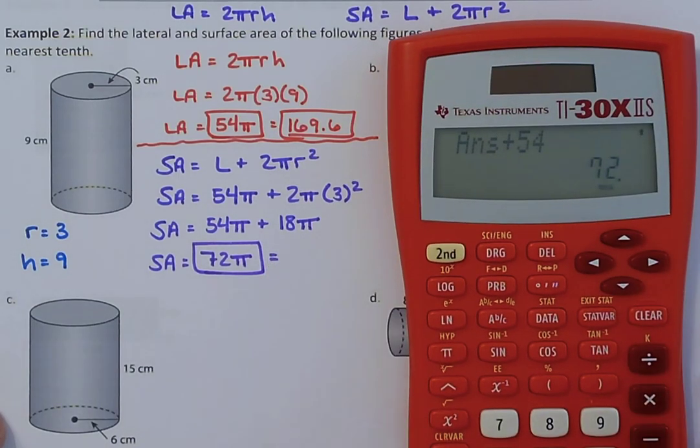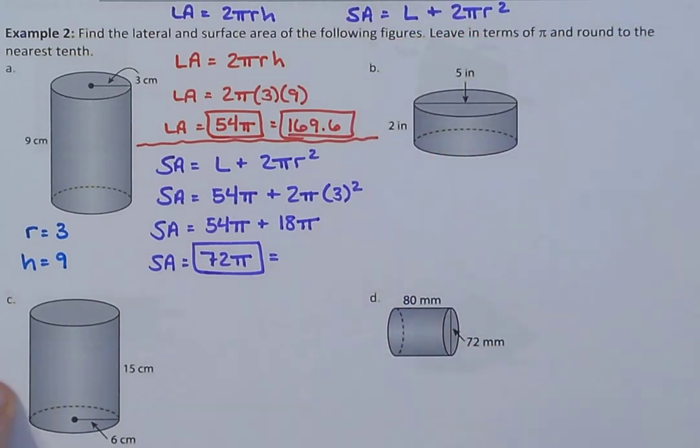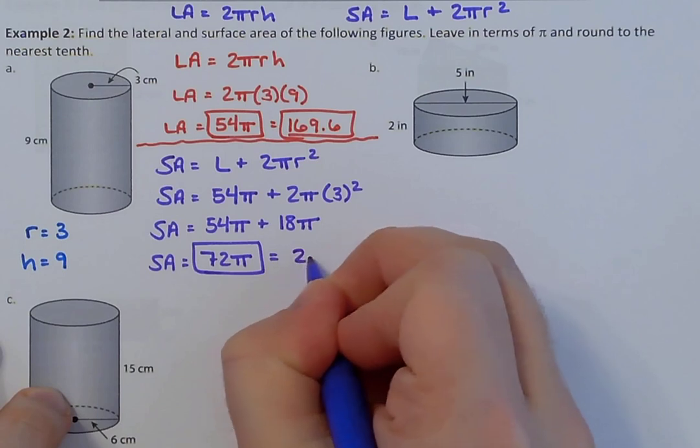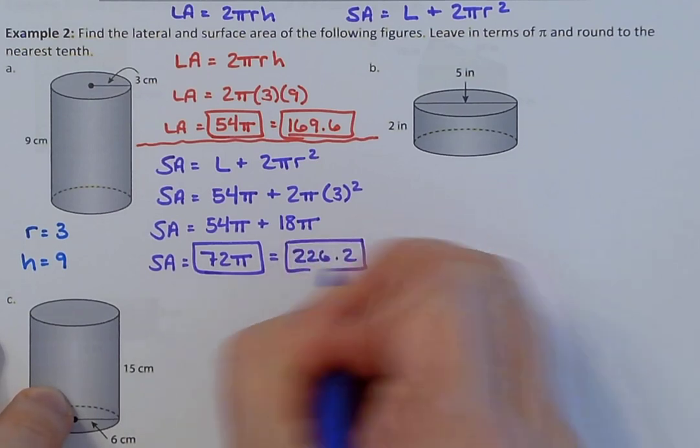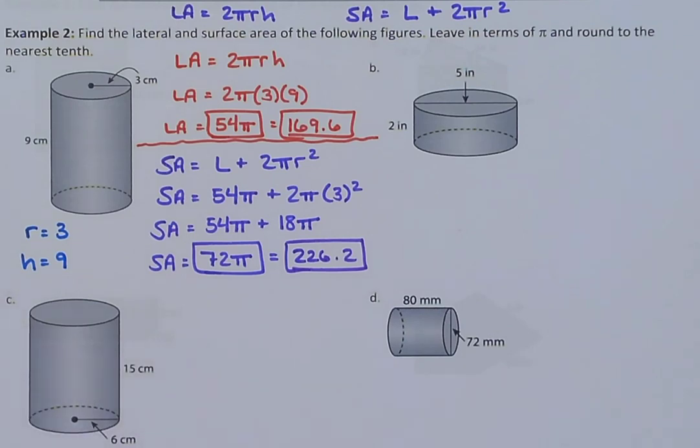And then if we want to round to the nearest tenth, we're going to multiply pi by 72, and we get 226.19, so we're going to call that 226.2. And that tells us our surface area of the cylinder.